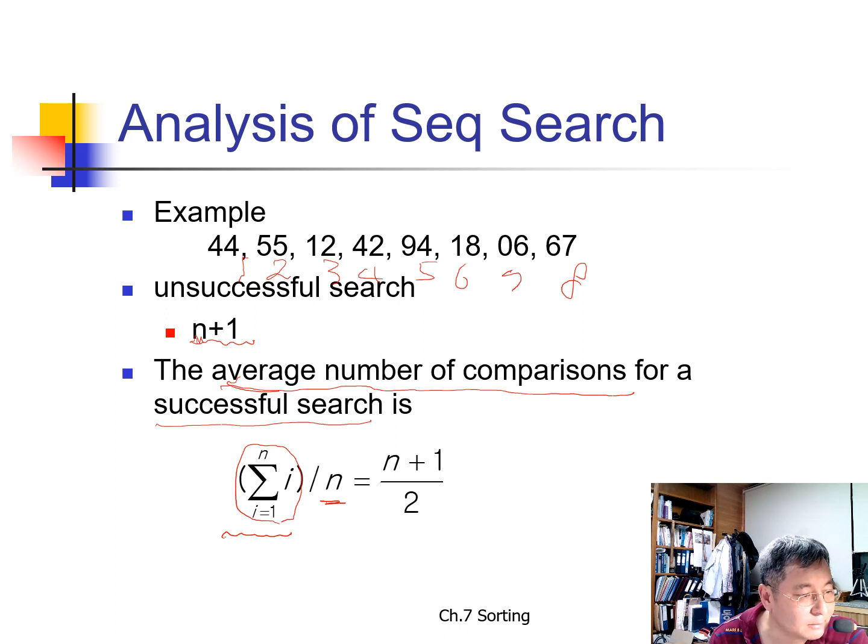This number becomes (n plus 1) over 2. So the result, (n plus 1) over 2, is the average number of comparisons necessary for the sequential search method.